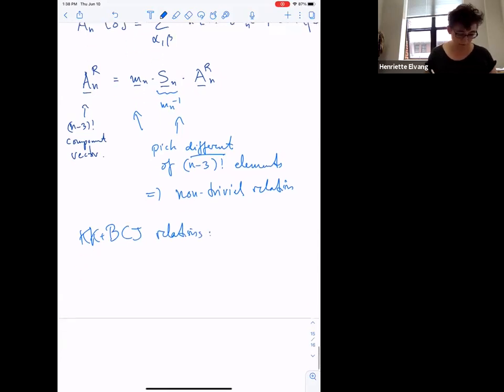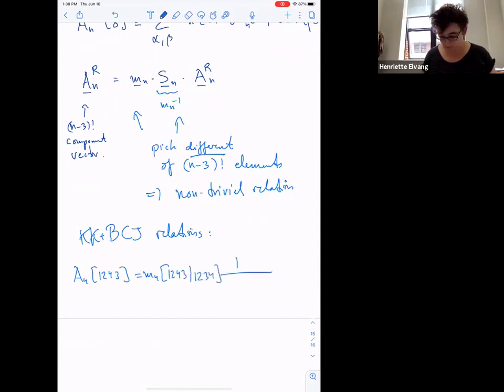And for example, you could see this by taking A4, 1, 2, 4, 3 with M4, 1, 2, 4, 3 that has to match, and then do 1, 2, 3, 4 times 1 over, and here comes the kernel part, M4, 1, 2, 3, 4 with 1, 2, 3, 4, and multiply this by A right, 1, 2, 3, 4. That's how the indices match up.